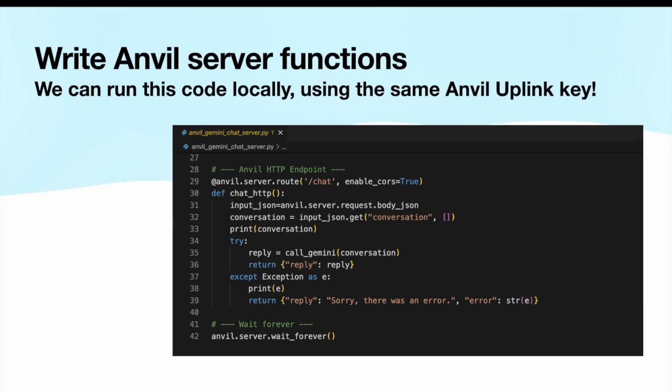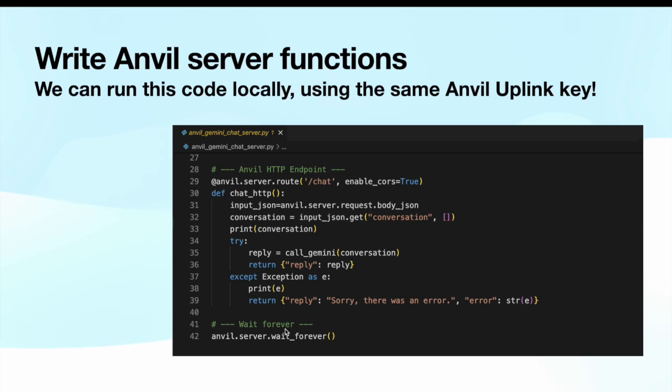It receives input JSON, extracts the conversation history, calls our call Gemini function, and returns the LLM's reply. There's also error handling in place, which is absolutely vital. Finally, anvil.server.wait_forever. This keeps the Anvil uplink connection alive. It's a crucial command. It ensures continuous operation.